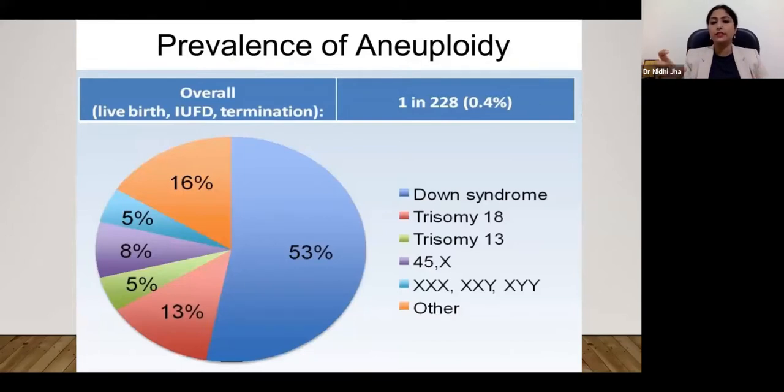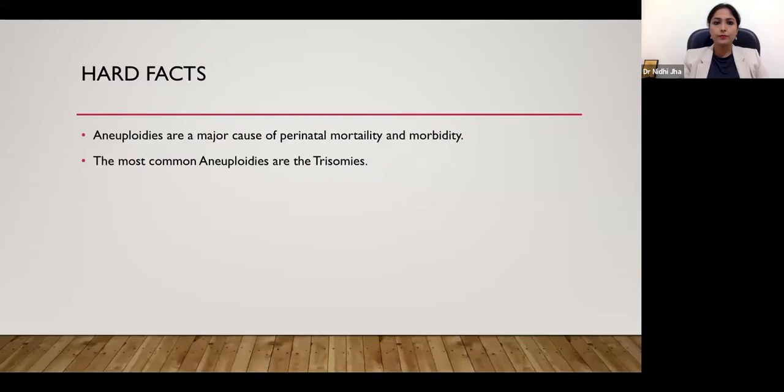Others is a very important aspect of it, that is 16%, where we are not able to tag it to something. The third one is trisomy 18, which is 13%. Others are 45, all other aneuploidies, either triploidy or quadruploidy, anything.